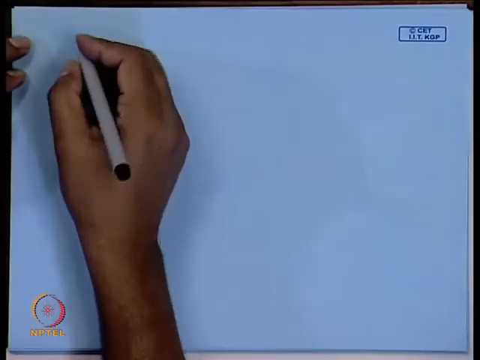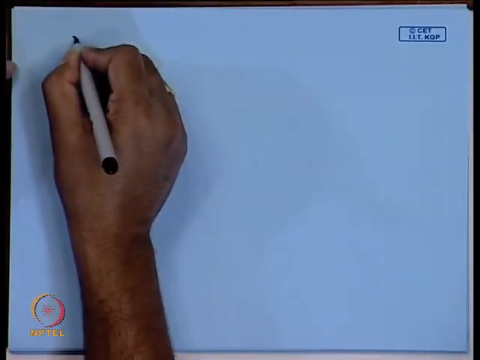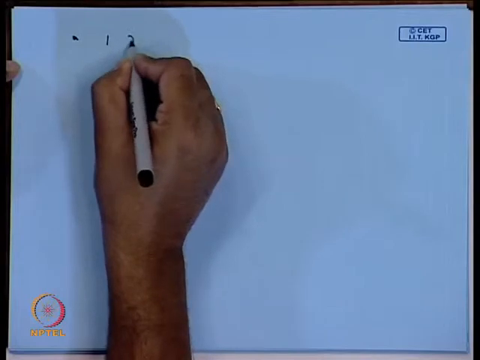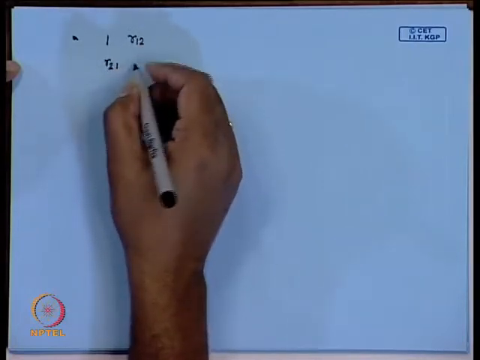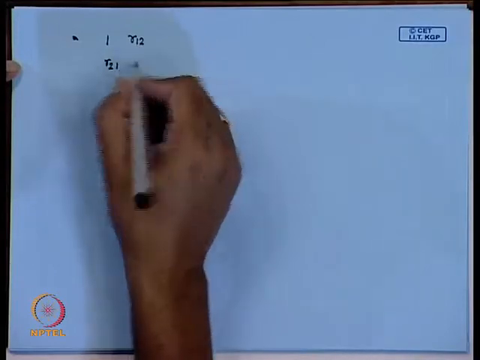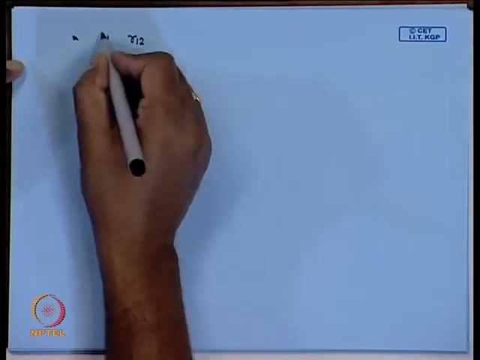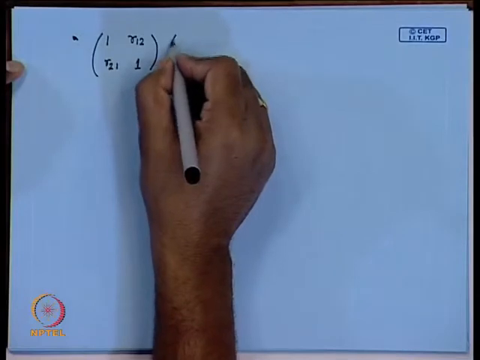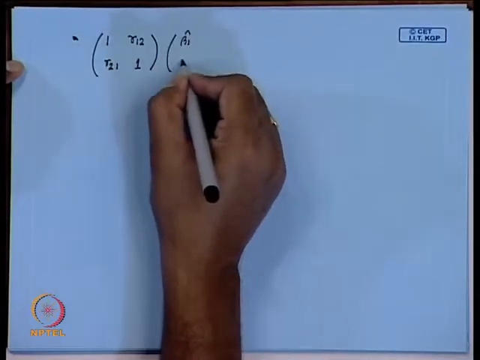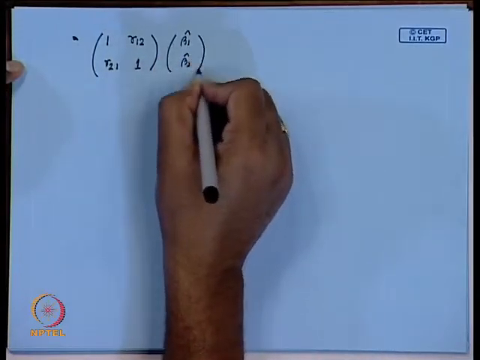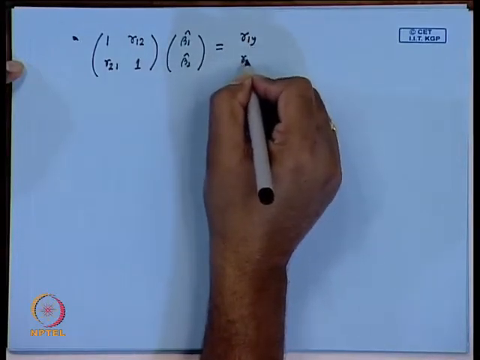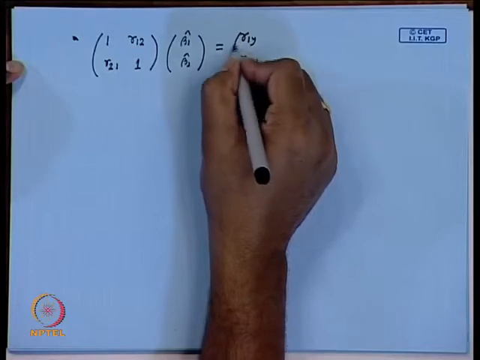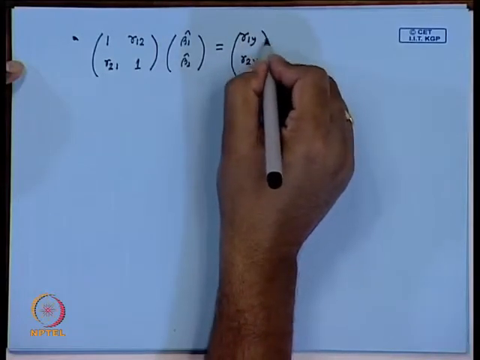So, the normal equation we have is the matrix 1, r_12, r_21, 1, where r_12 and r_21 are the same, times beta_1 hat, beta_2 hat, is equal to r_1y, r_2y, right.